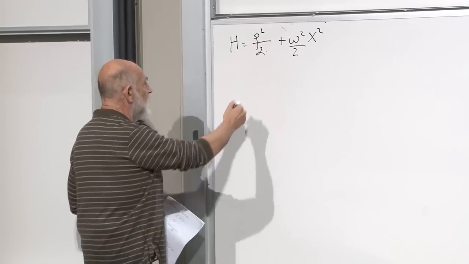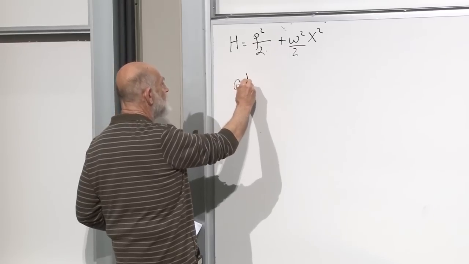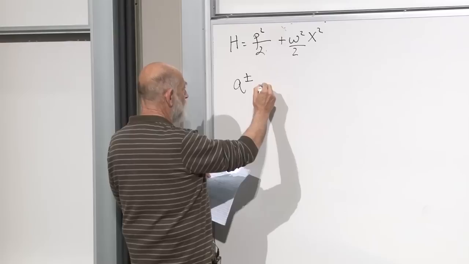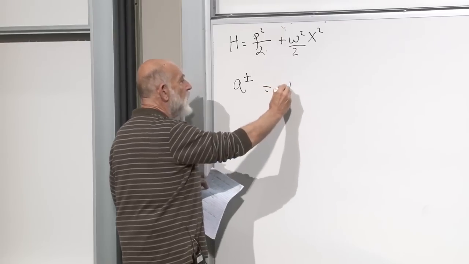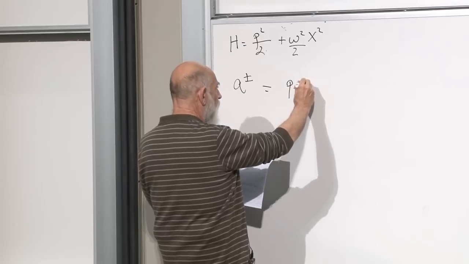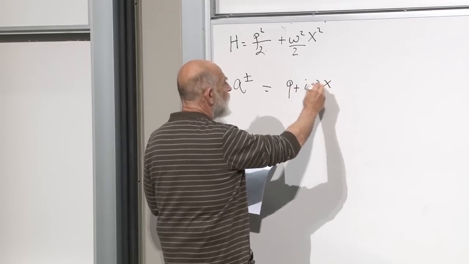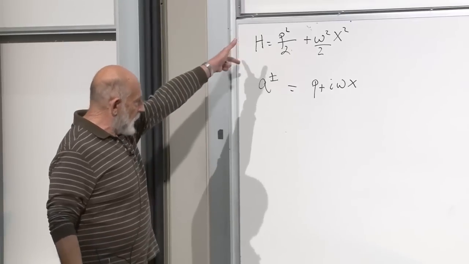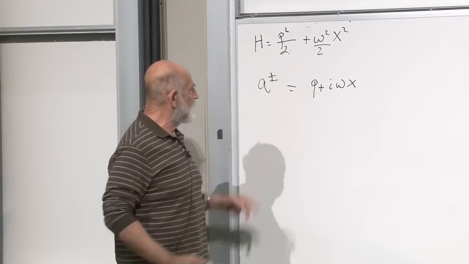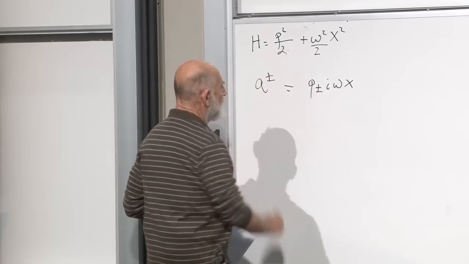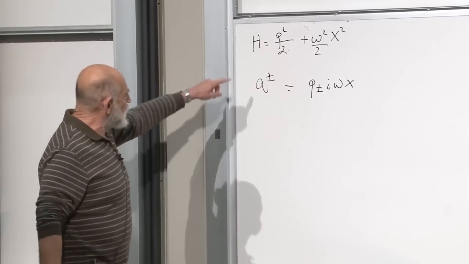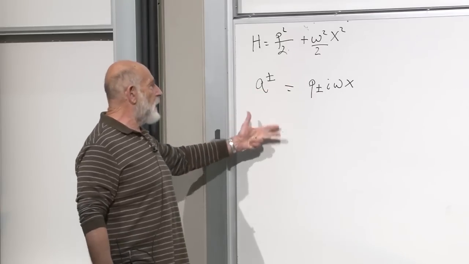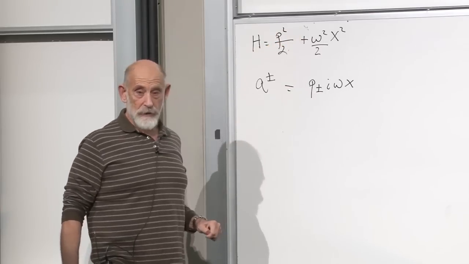And we constructed creation and annihilation operators, a plus or minus, which happened to have been momentum plus or minus i omega x. Now, notice, not finished yet, but notice if classically, if I were to take the two operators, a plus and a minus, and multiply them together, and then divide by 2, I would construct the Hamiltonian.